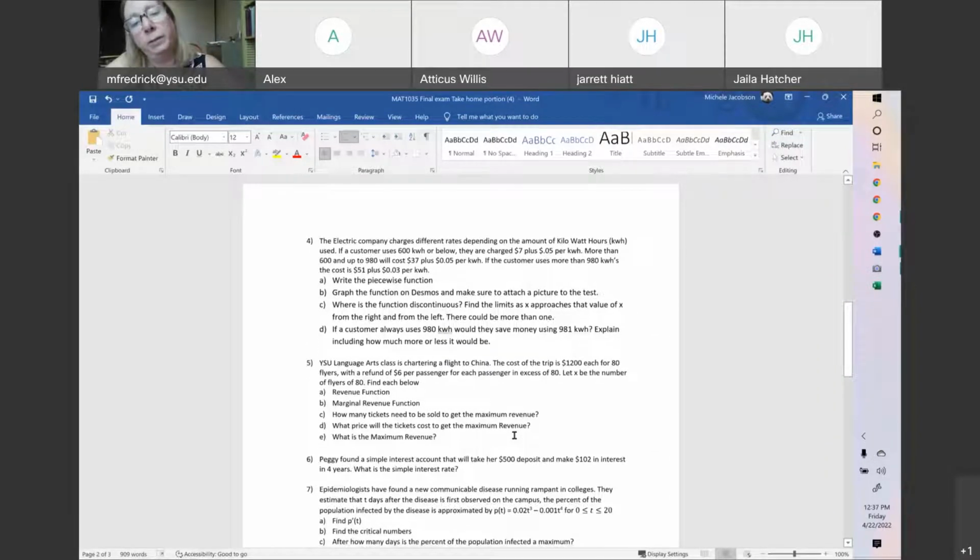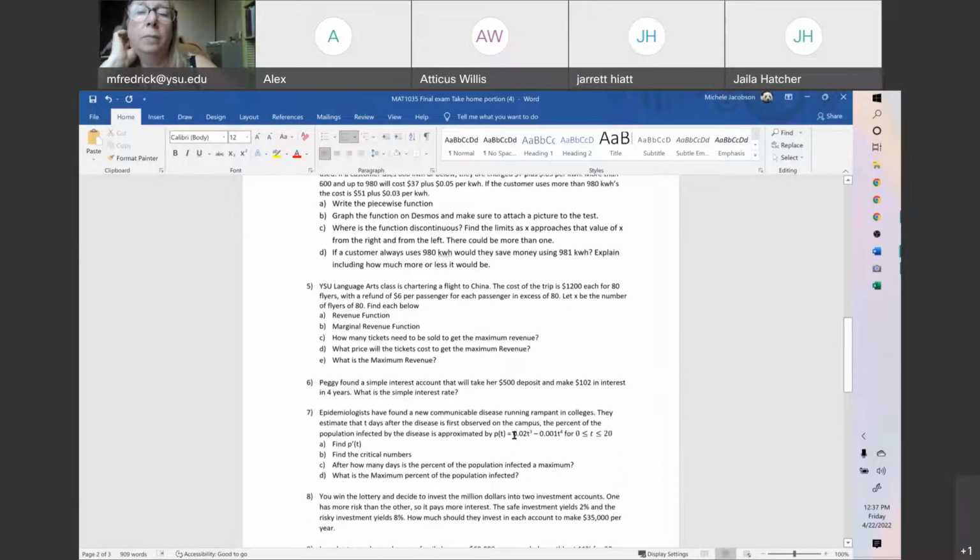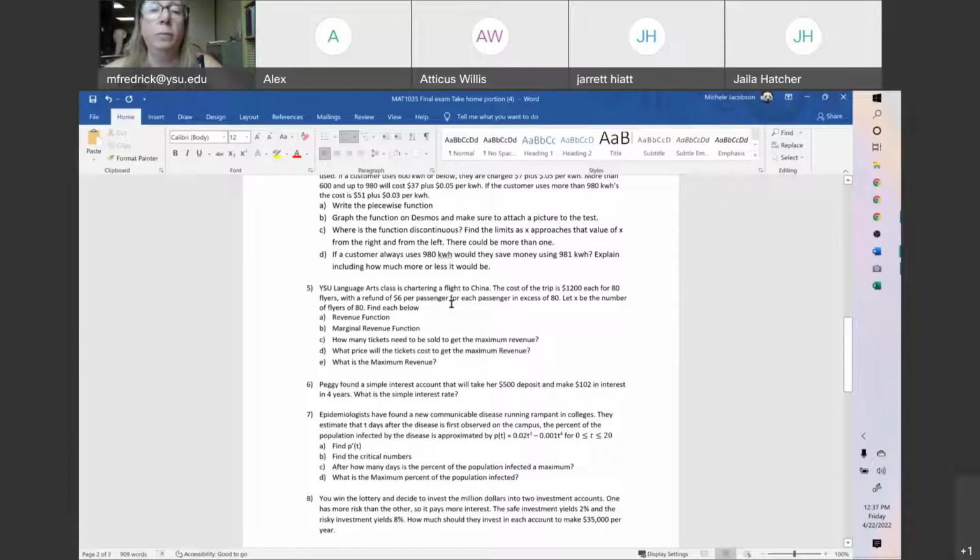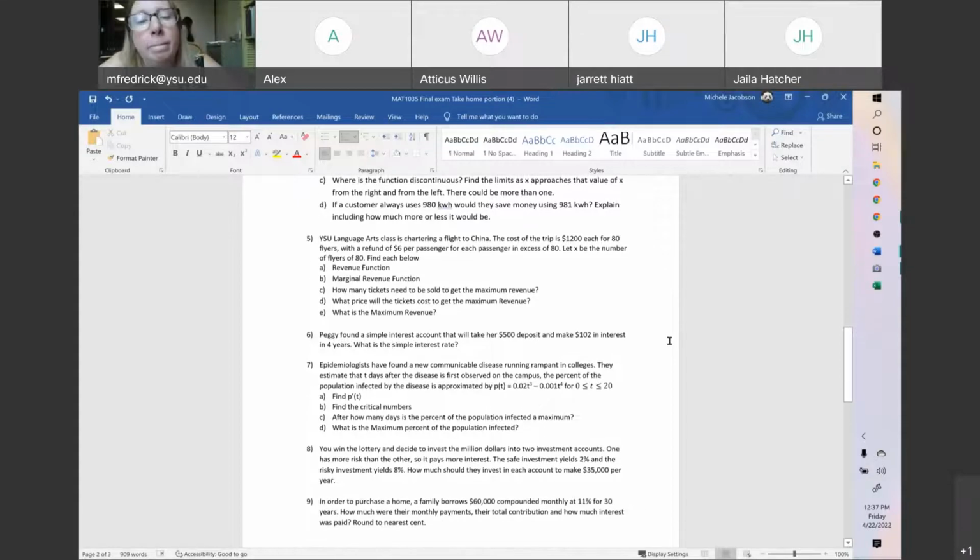Then a piecewise function. One of the flight ones like we've done. How do you find a simple interest account? Okay, simple interest, this is I equals PRT.